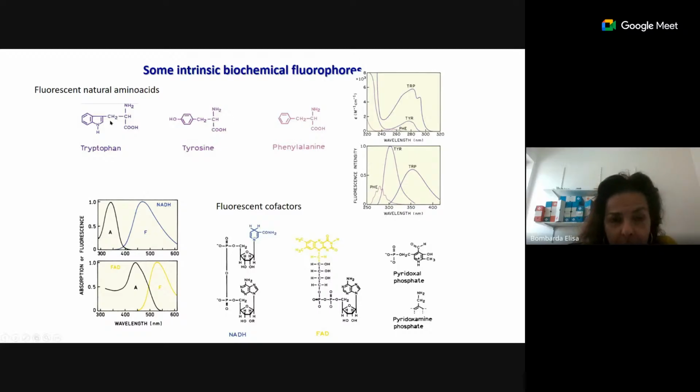For example, in proteins, there are the fluorescent amino acids. Tryptophan, we have already talked about it. Also tyrosine, phenylalanine, a bit less. As you see, the spectrum is even more in the UV range and has very low signal. Then there are also some natural cofactors that are fluorescent, like FAD or NADH.